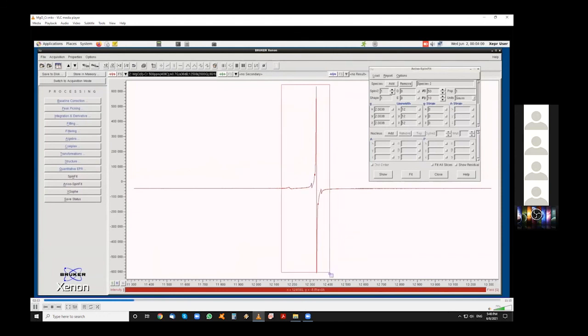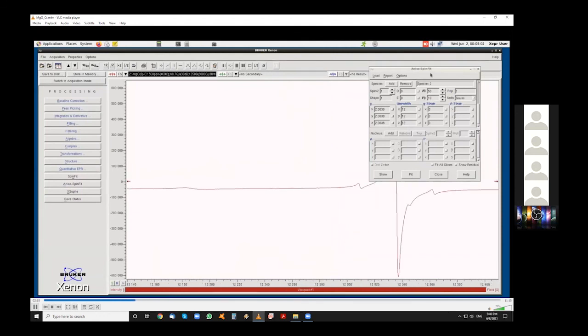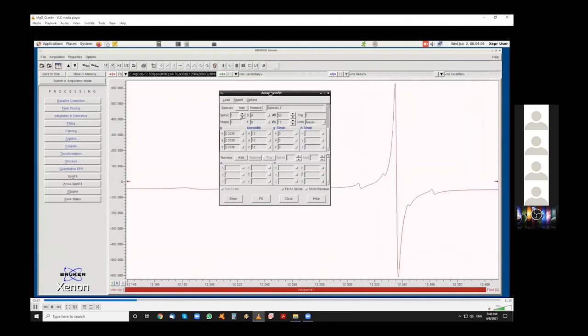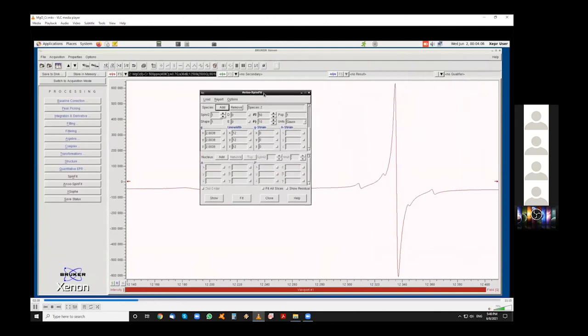And now I will measure the G factor and the line width, and also I will change the spin number correspondingly to our center.